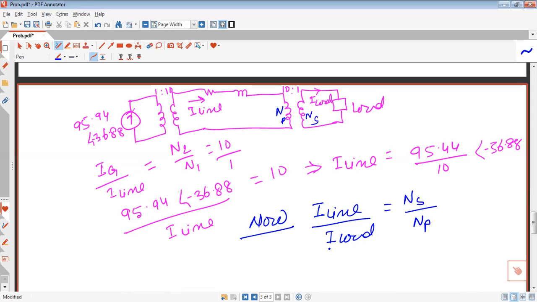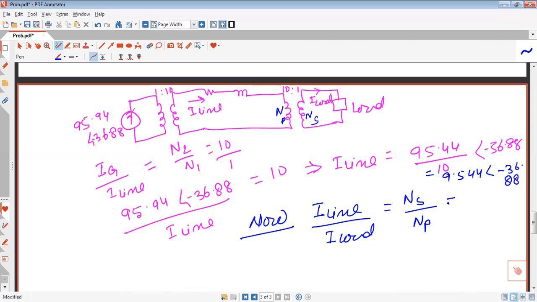So here we have load current already known, and the line current, how much we have calculated, dividing by 10, it will be equal to 9.544, angle minus 36.88. So here turn ratio is decreased, so we can find I load.